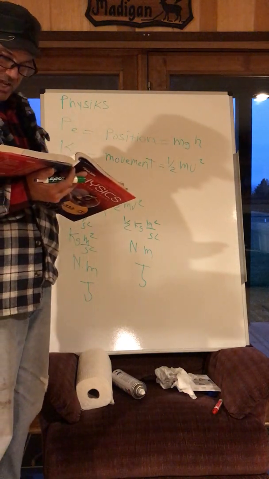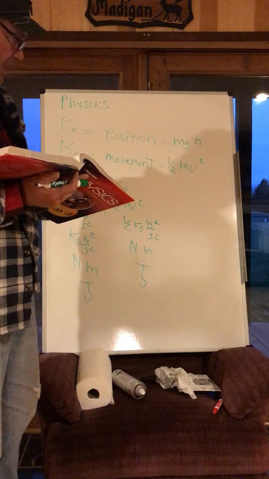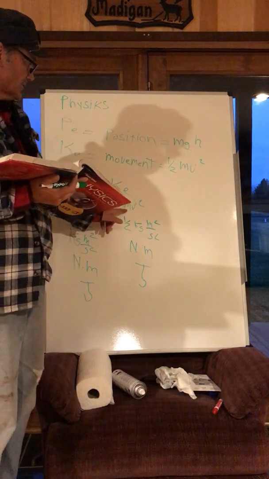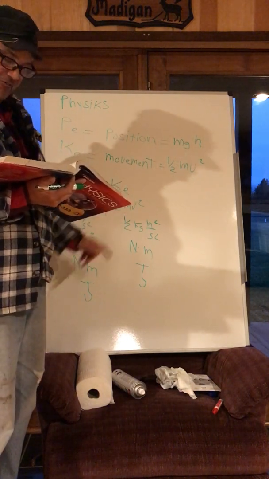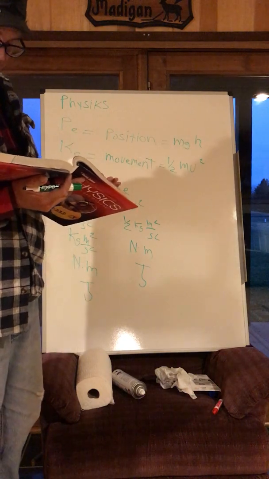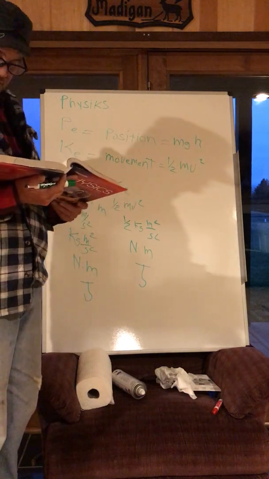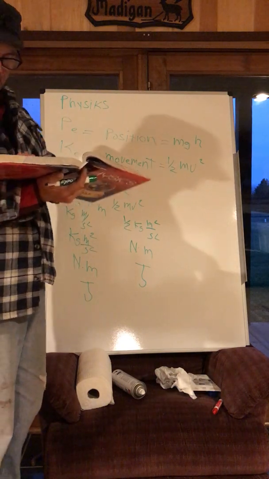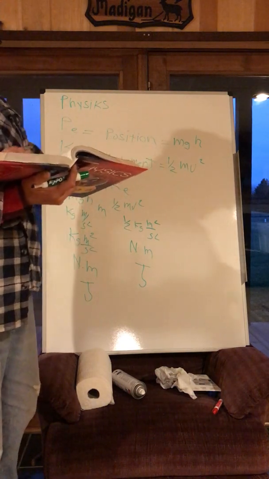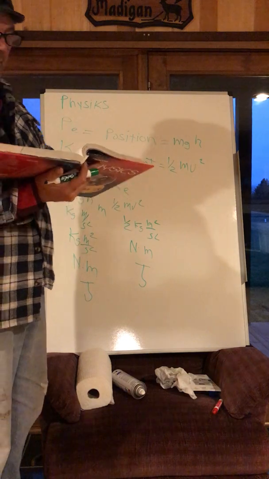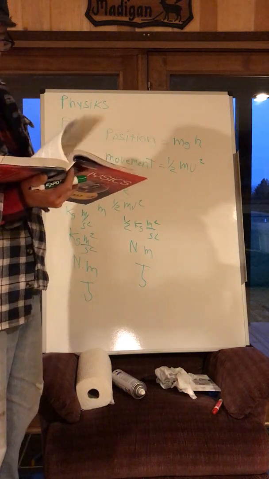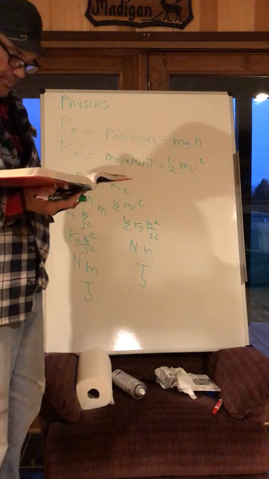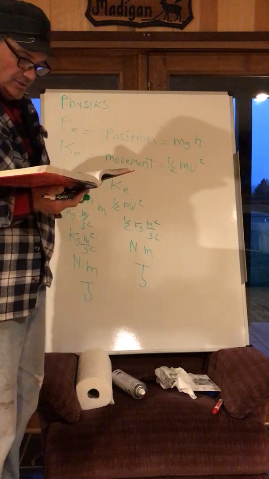How much work did the skater have to do to speed up to 2.5 again? 1/2 mv squared. Use your friction, use Newton's laws, and just calculate out the energy needed. So there are problems on page 287 that deal with your kinetic energy.